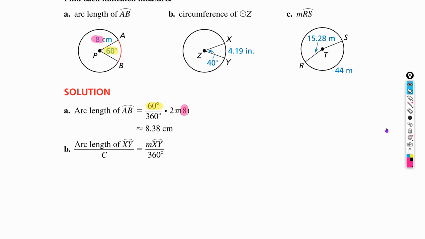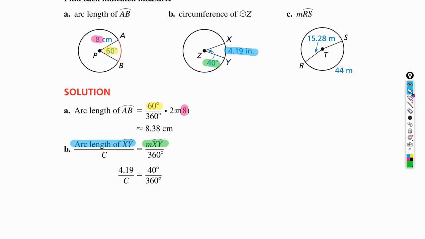All right, on B over here. Okay, I have an arc length of 4.19. Okay, so we're going to find the circumference. So here's the arc length. Okay, and then I have a degree of 40 degrees. So that's going to go here. Now I'm going to have to solve for the circumference.